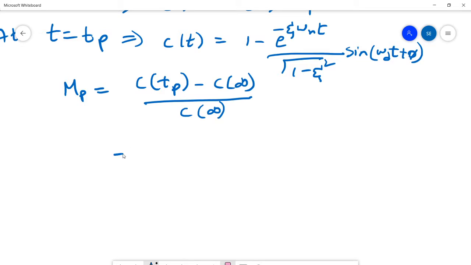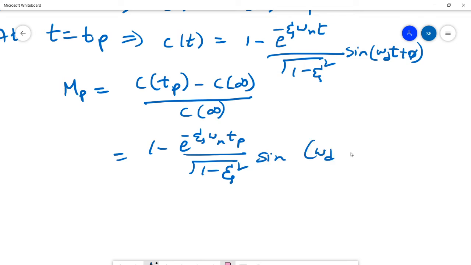So this is equal to 1 minus e power minus zeta omega n Tp divided by root of 1 minus zeta square, sine of omega d Tp plus phi, minus 1.